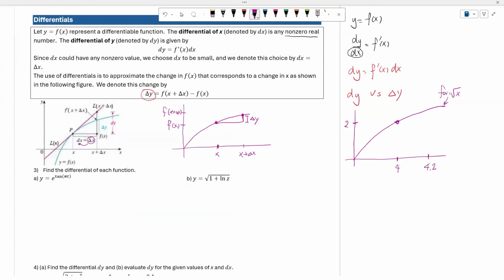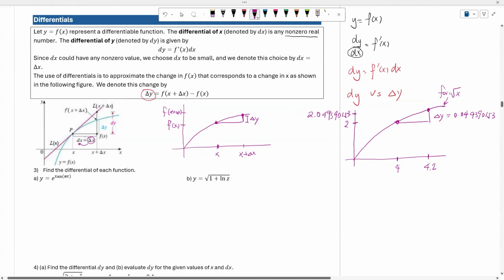If we have 4.2, then the output is 2.0493901. Therefore, my delta y is 0.0493901. Okay, so this is my delta y, the actual change.